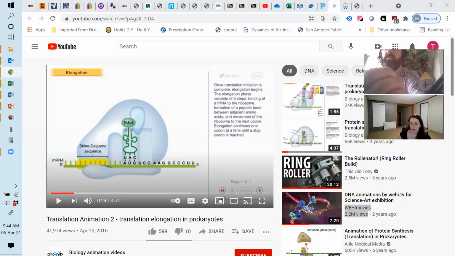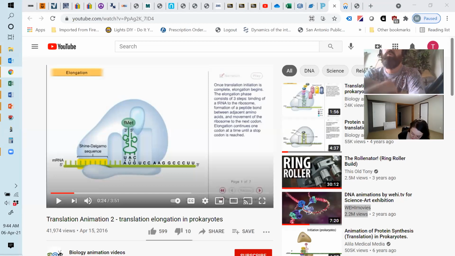So essentially, I'm just going to write one for the sake of time. Hang on, charged, not traged, charged tRNA enters the A site. The amino acid attached to the tRNA in the P site gets removed.